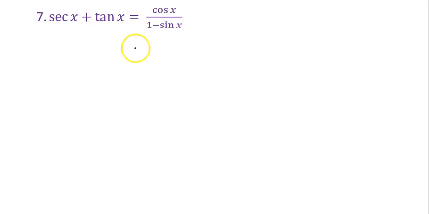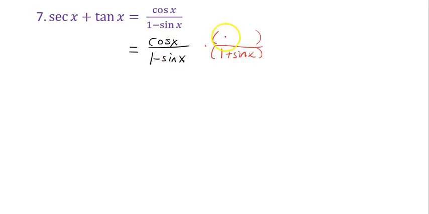And so what I would do on the right is, it looks similar on the bottom to one of the Pythagorean identities, except it's not squared. So I'm going to multiply by the conjugate of that, just like we use conjugates with radicals, we're going to use them here. So instead of 1 minus sine, I'm going to multiply by 1 plus sine.